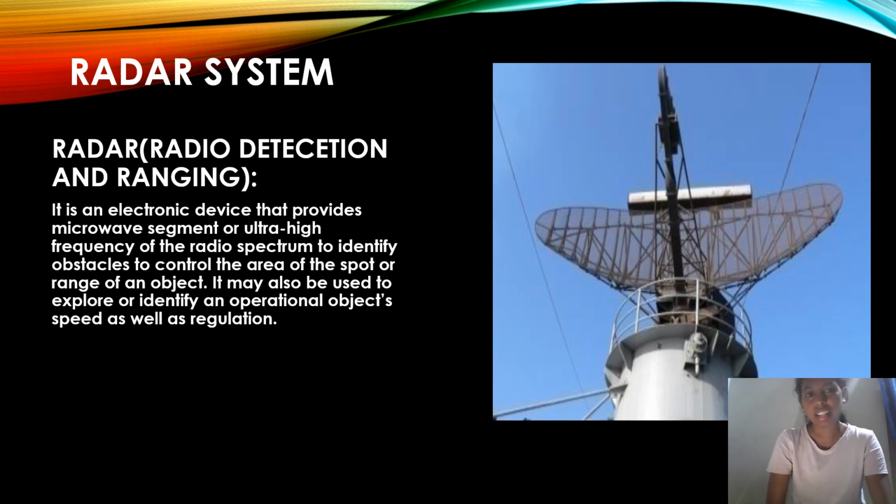As I said, radar stands for radio detection and ranging, as it uses radio waves to detect and find the range of your target. It sends radio signals to the target, and these signals get reflected back to the radar. It analyzes these signals, and based on that, it detects objects located at a particular place, and we can find the range of an object, and the velocity of an object too.